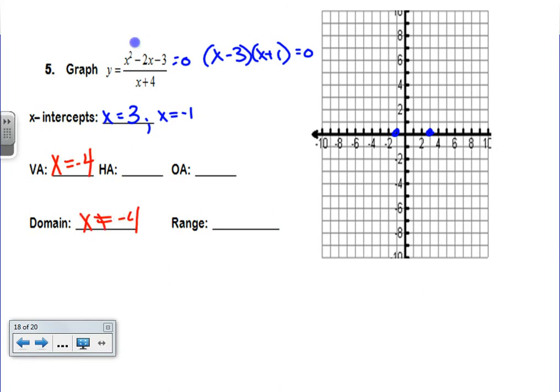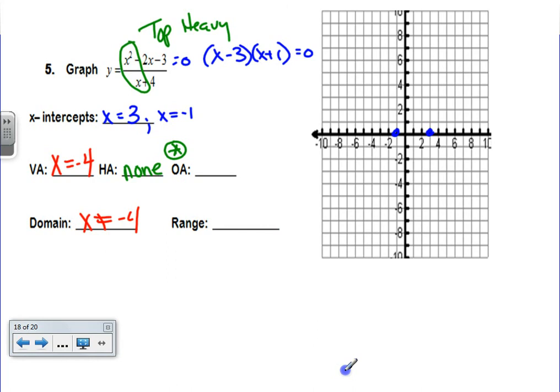Okay, your horizontal asymptote. This is an interesting one. Notice that there's a quadratic over a linear, so there's a higher degree in the numerator, which means this guy is top heavy. And since it's top heavy, that means there's no horizontal asymptote, but that does mean we have what's called an oblique asymptote.